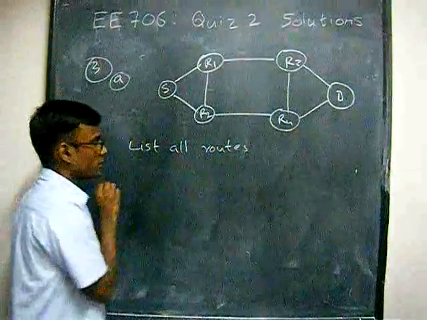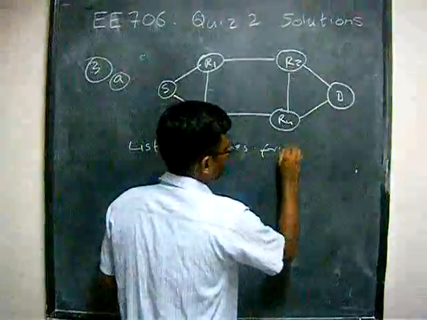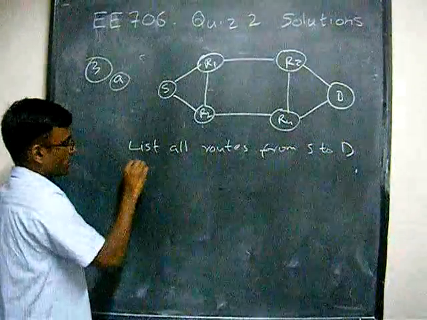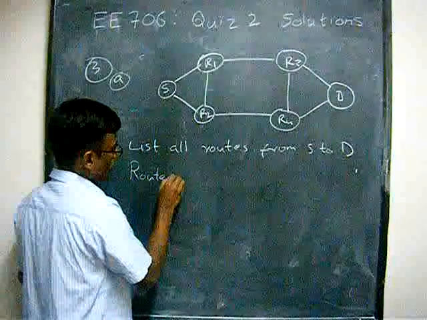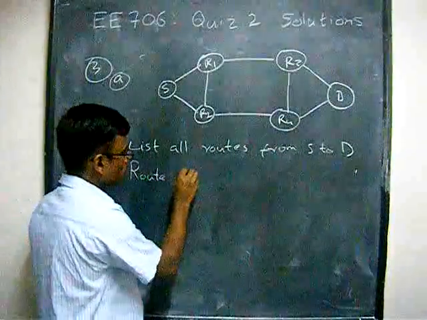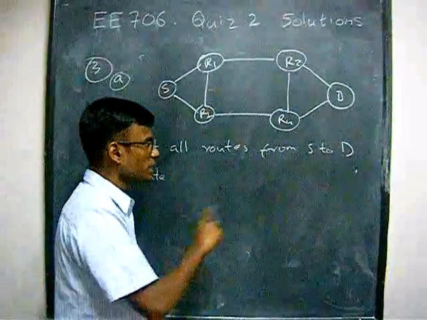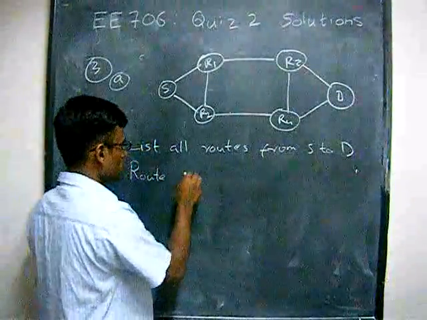So the first thing you need is a definition of a route. A route between two nodes is a sequence of relay nodes connecting the two nodes.